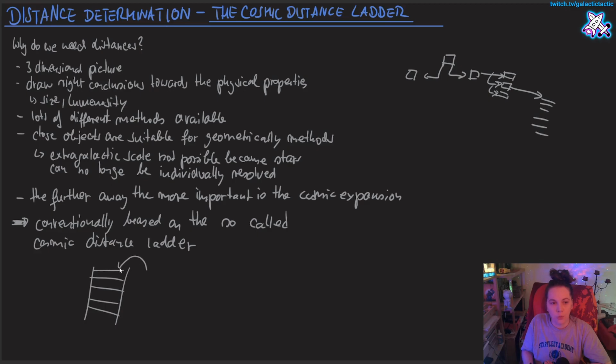And to reach the last step, before you go there, you have to do all the other steps. You have to start on the bottom. I mean, usually that's how a ladder works, right? I don't know about you guys, but I think that's how a ladder usually works.